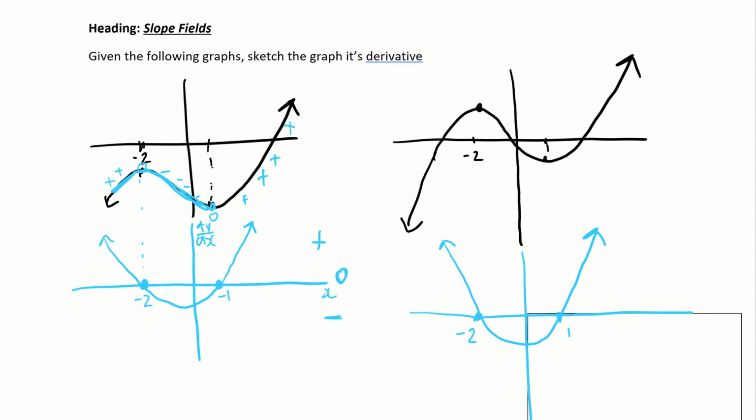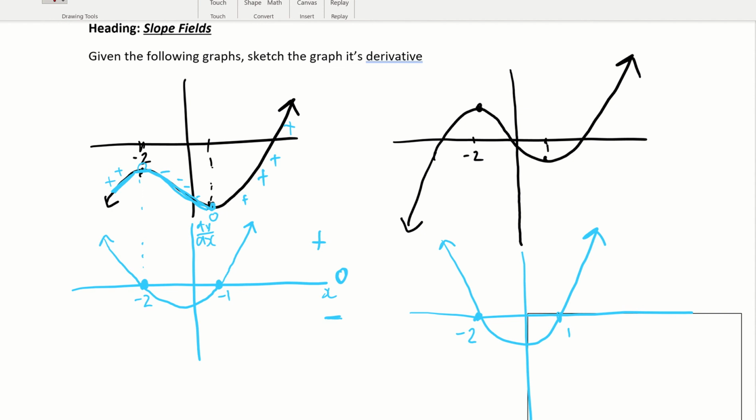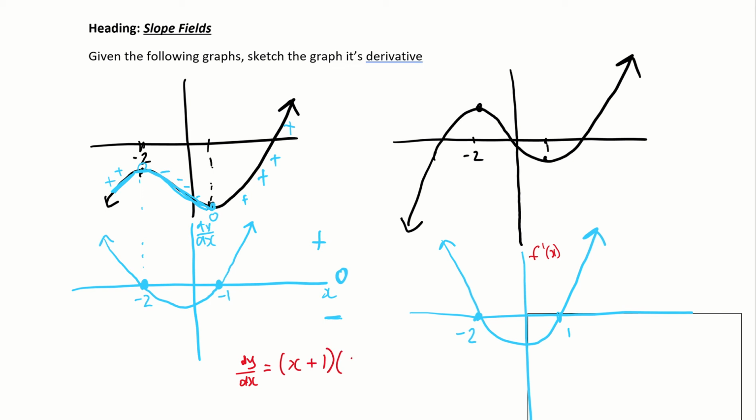Now let's think for a second. I really want to get this deep understanding here, which is why I'm showing you this. Let's think about what the equation of my derivative graph here is, okay? So my equation of my f dash of x graph, or dy dx, whatever you want to call it. Well, the two roots are -2 and 1, which means that this graph, dy dx, is going to be, if I write it as roots, x plus 1 and, oh, I just realized I put a negative there when it should be a positive one.